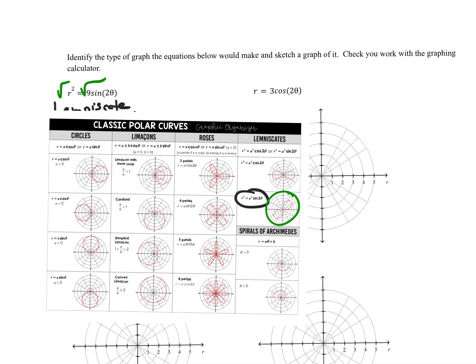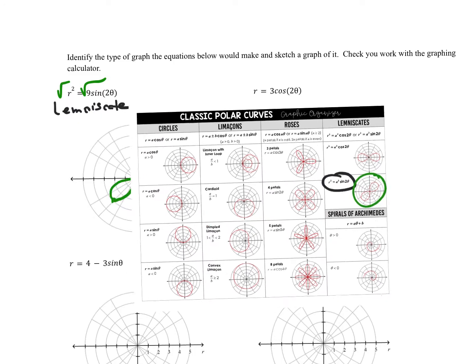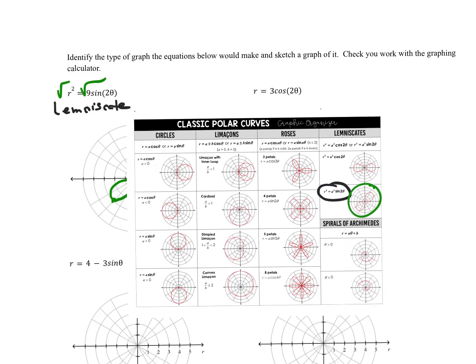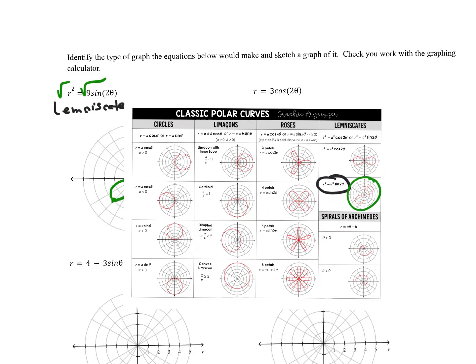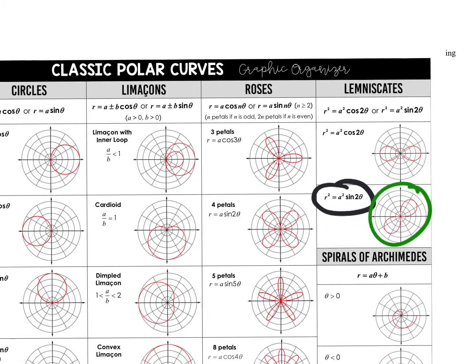If I look at this one, we have r equals 3 cosine 2 theta. So let's look for that one. So we have 3 cosine with a number inside there, 2 theta. If I look on my chart, that one is going to look something like a rose, because the rose has a number in front of the theta and then a number out front.